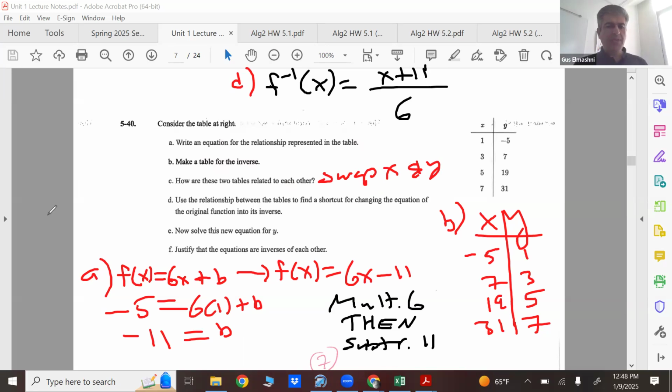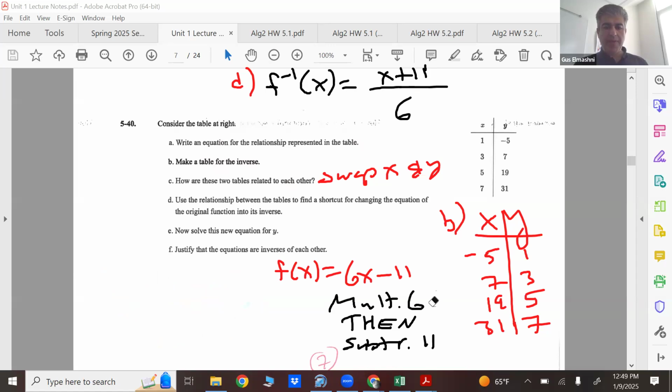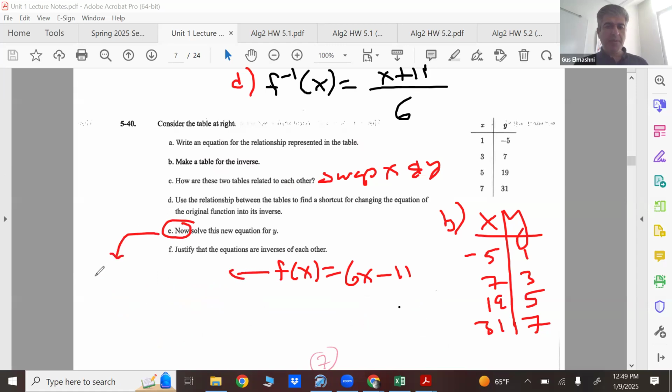For part E, you could actually have done it a little differently than we did for part D. Here's what you could do to find the inverse. When you're asked to solve, you could just swap x and y and isolate y.